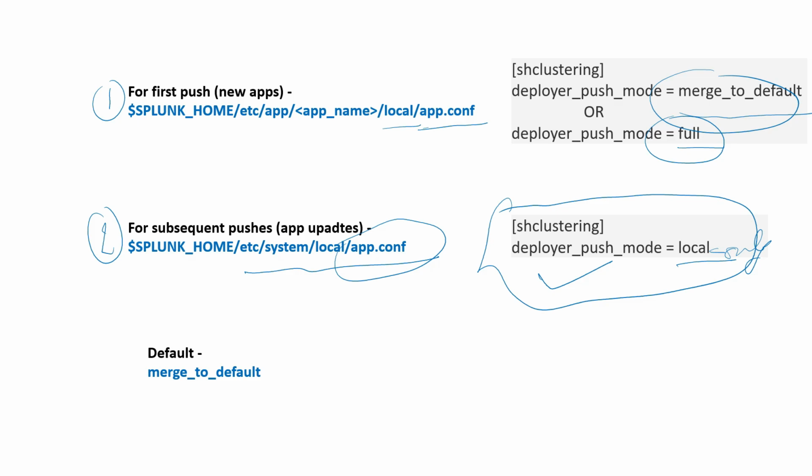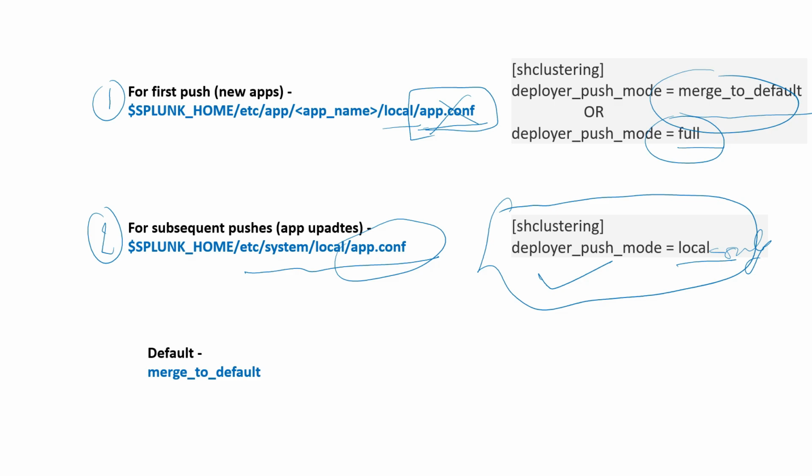And just one main point to highlight here is that for the new push, you can define app.conf inside that app specifically, and once the app is pushed to your SHC members, you can delete this app.conf because it's no longer needed, it's no longer required. Your app has already been pushed to your search head cluster members.